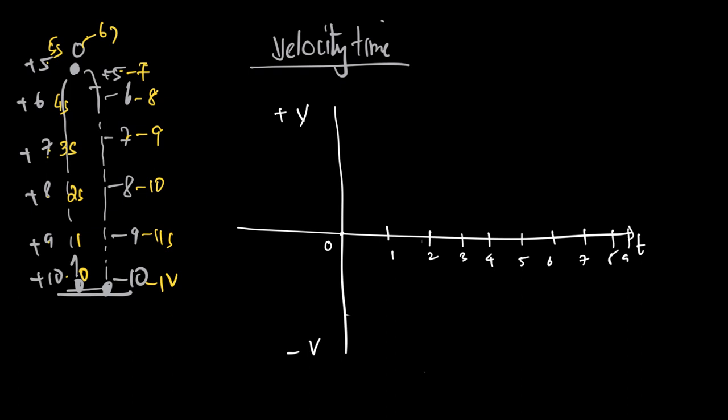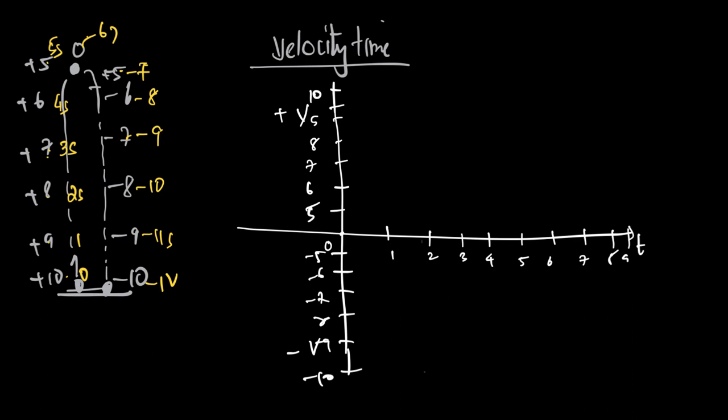Now, have a look at this. The velocity, let me write down the velocity also. We should be starting from 10, right? So 10, 9, 8, 7, 6, 5, 4, and so on. We have minus 5, minus 6, minus 7, minus 8, minus 9, and minus 10.